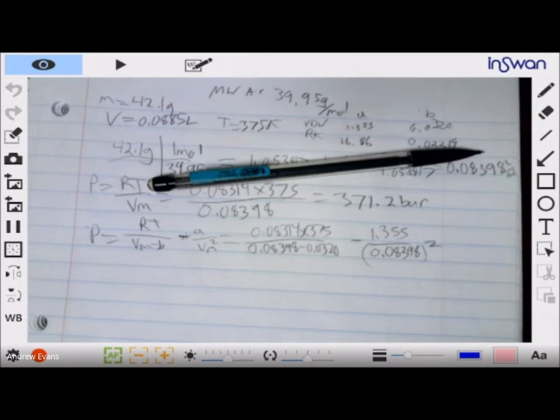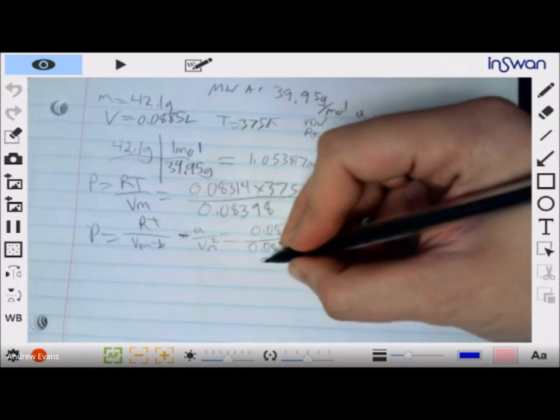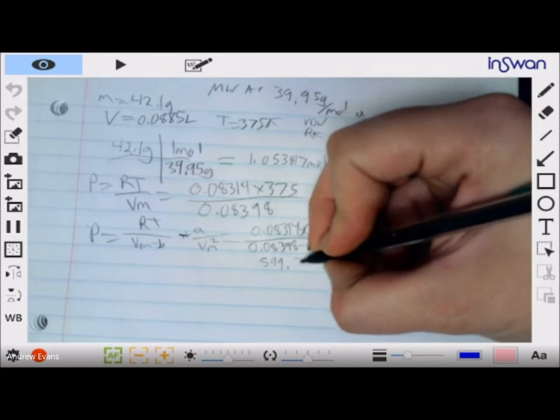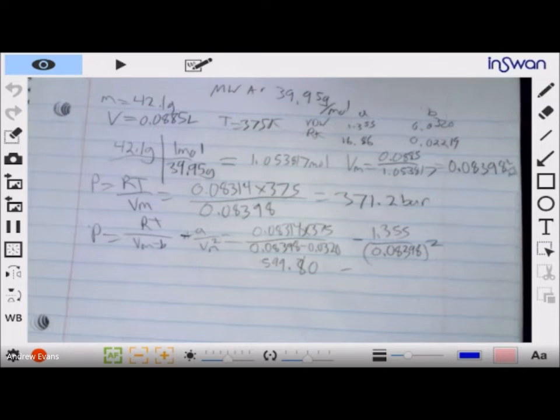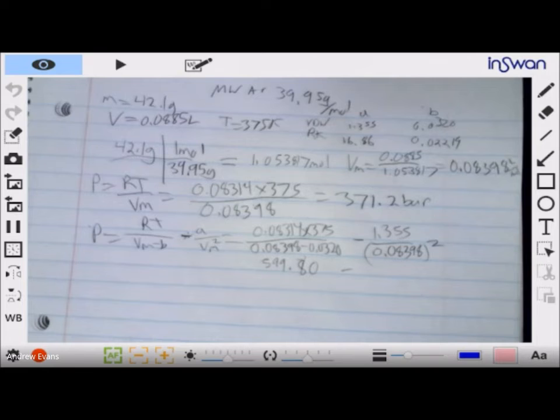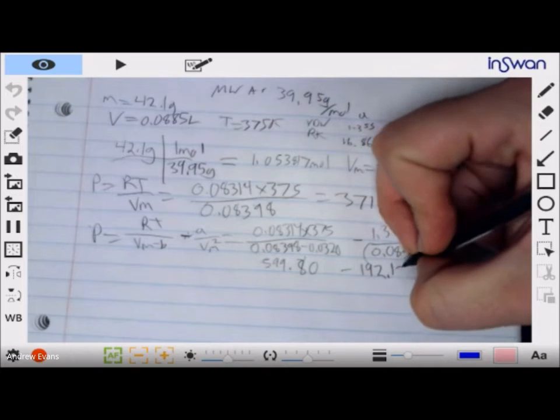Okay, so let's figure out each term. 0.08314 times 375 divided by 0.08398 minus 0.032. So this one is 599.80, minus 1.355 divided by 0.08398 squared, minus a 192.13.